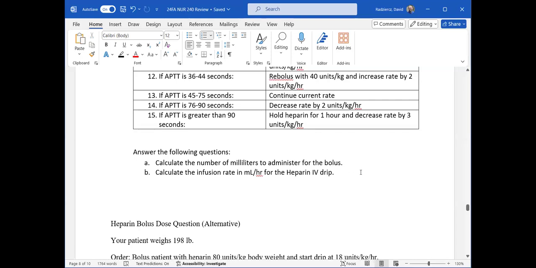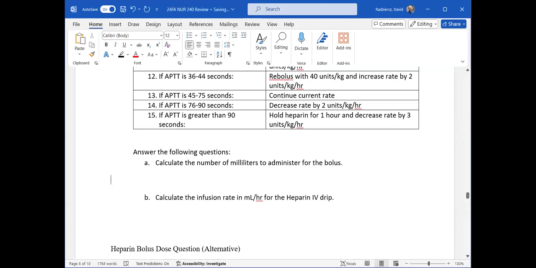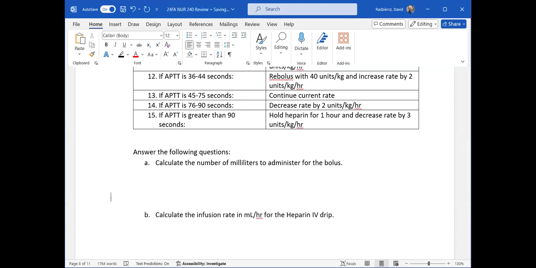I'm going to add some spacing. All right, so 90 kilograms is the patient's weight, and I'm multiplying by the 80 units per kilogram.